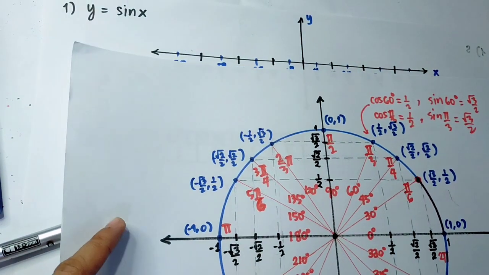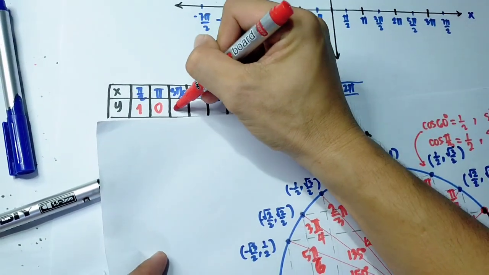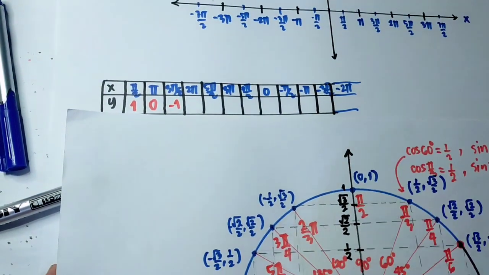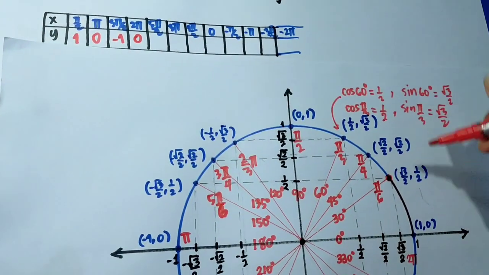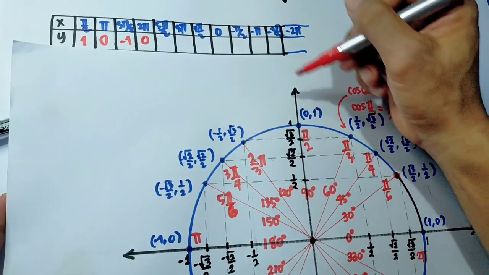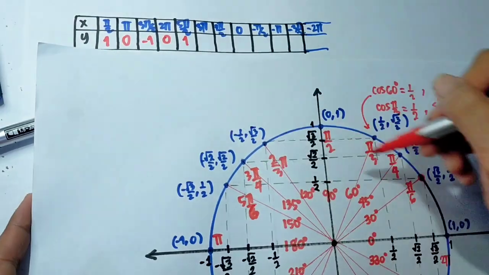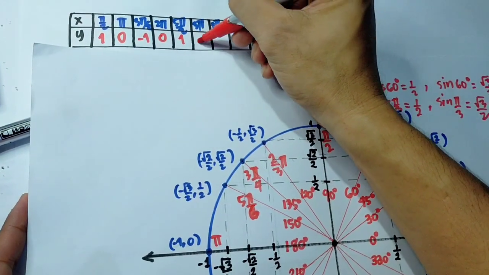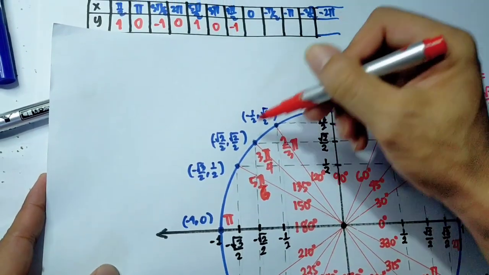Okay, 3 pi over 2, our y is negative 1. If our x is 2 pi, that's all over here, our y is 0. Okay, 5 pi over 2, you move it here, our y is 1. Then 3 pi, that is 1 pi, 2 pi, 3 pi. Right here, our y is 0, and then going here, negative 1.